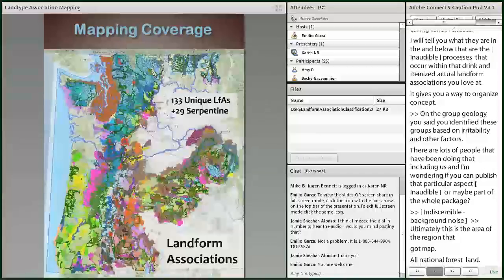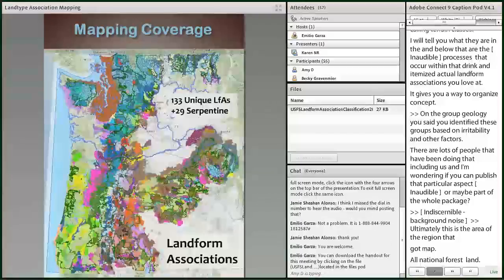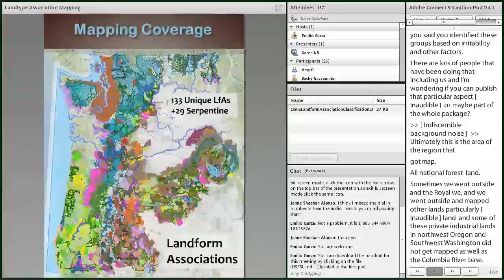But some of these private industrial lands up here in northwest Oregon and southwest Washington didn't get mapped, as well as the Columbia River Basin and southeast. But we tried to map all landform associations that went outside the national forest to their maximal extent. So this is what is mapped right now.